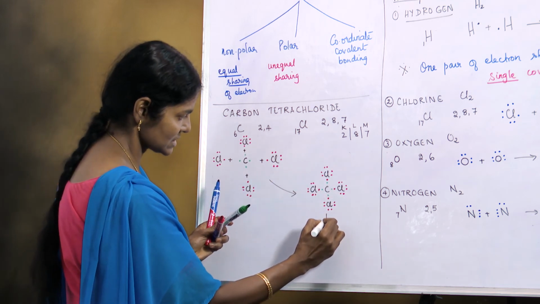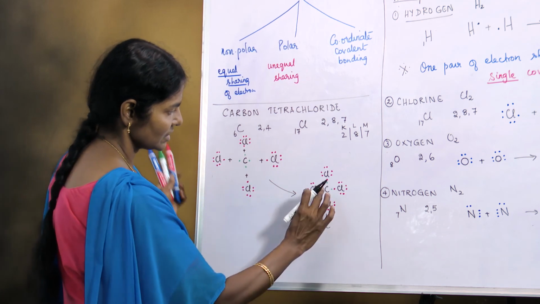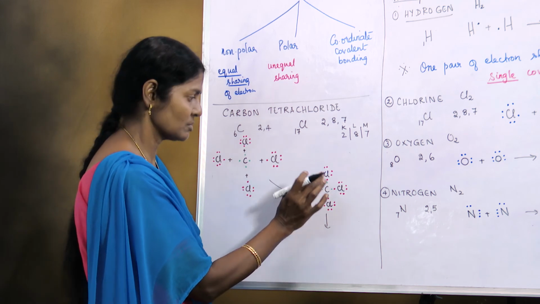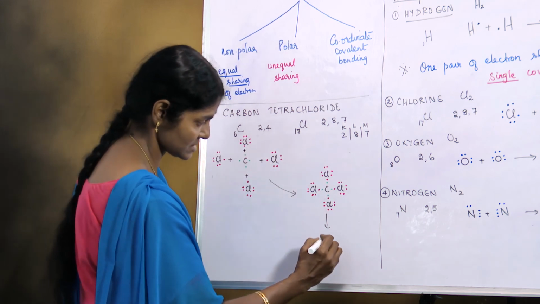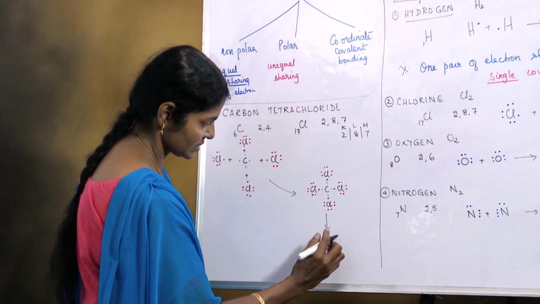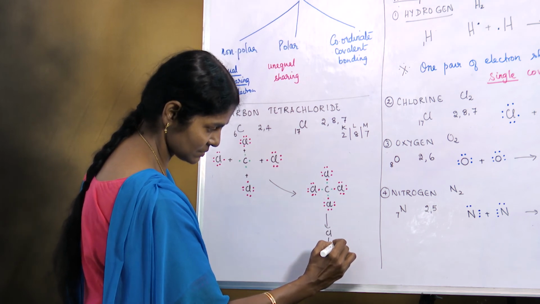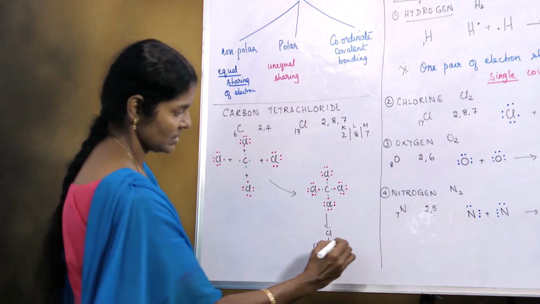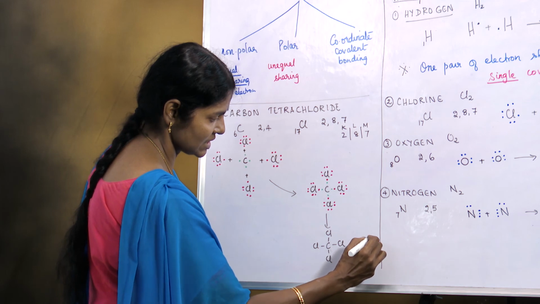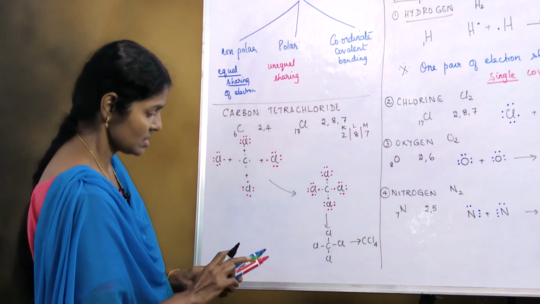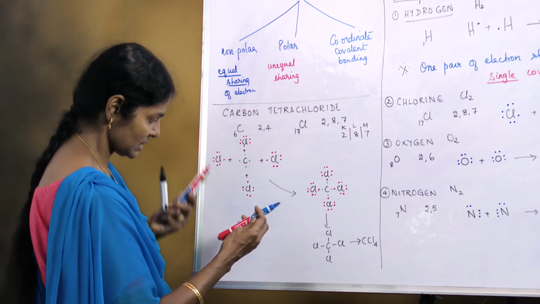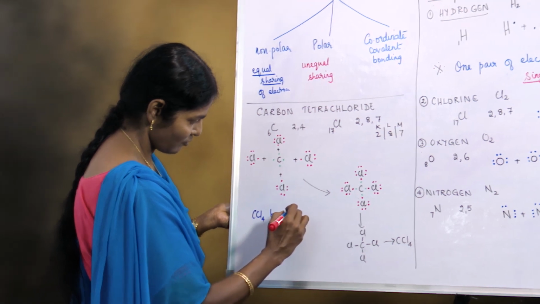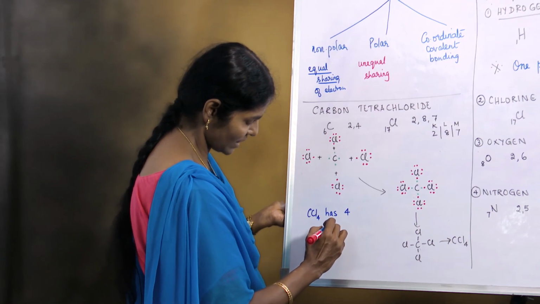Thereby, if you see here, there is only one shared pair of electrons between the carbon and each chlorine atom. Therefore, we represent it by 1 dash, that means it is a single covalent bond. This is written as CCl4. So actually we should remember that CCl4 has 4 single covalent bonds.